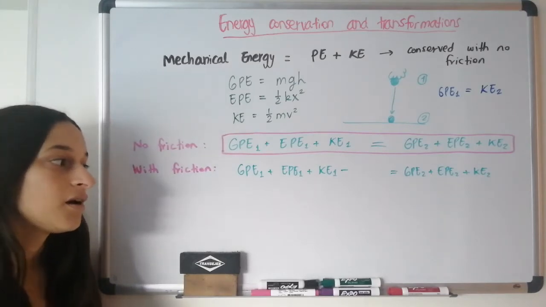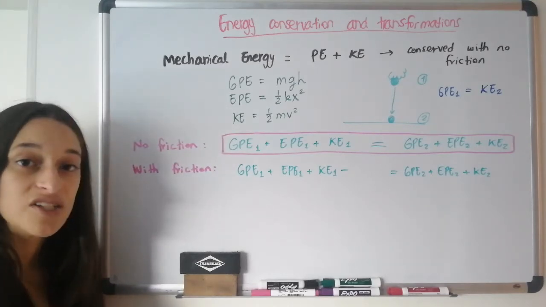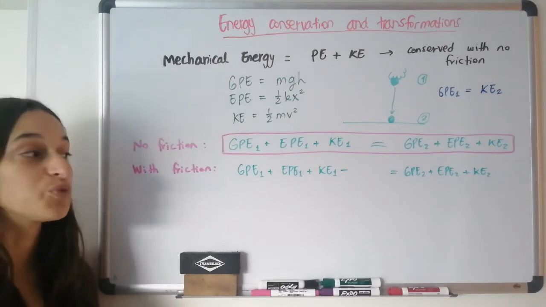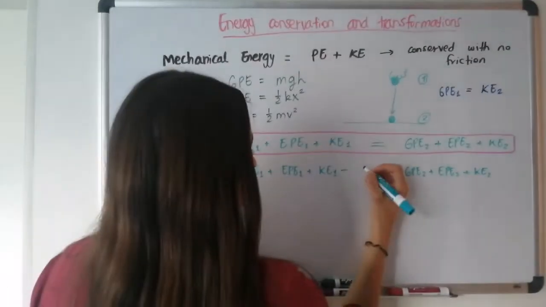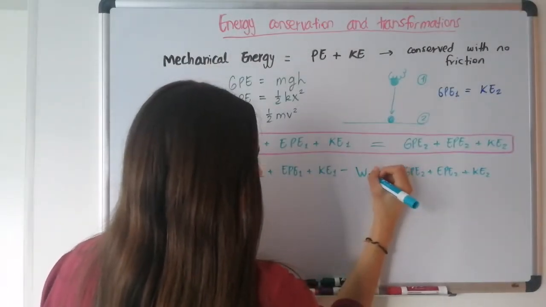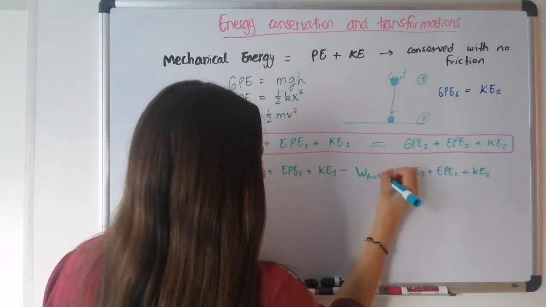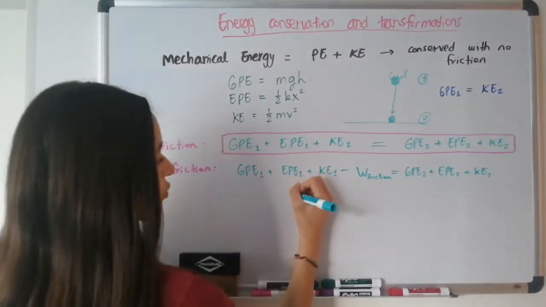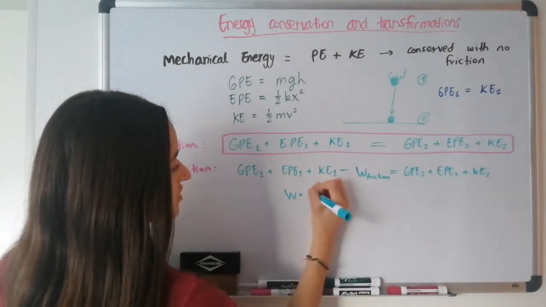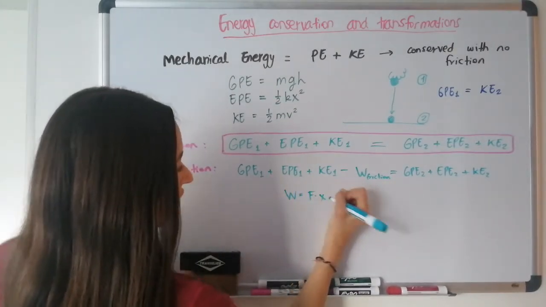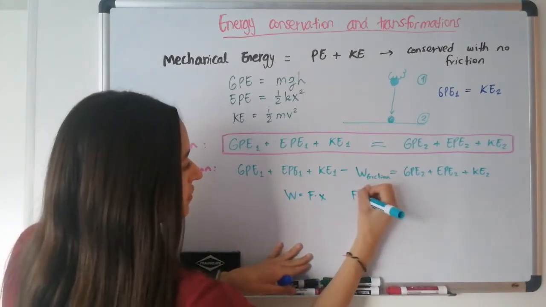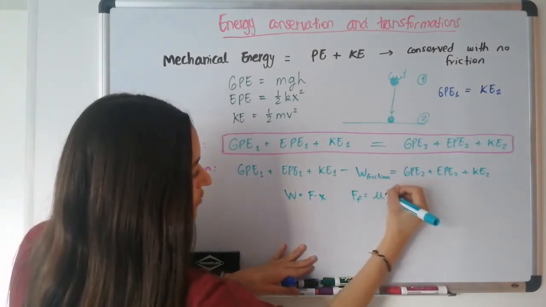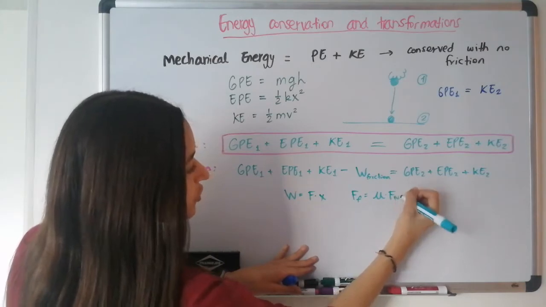And what is that? Well, energy was lost because the force of friction did work. So basically, the term here that we need to subtract is the work due to friction. A reminder for you guys, work was force times distance. And friction force is our friction coefficient mu times normal force.